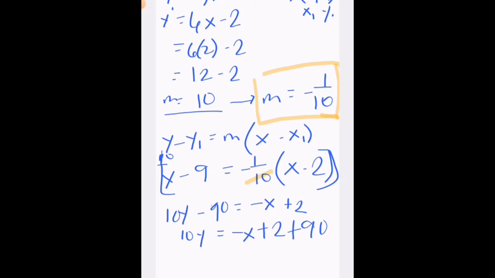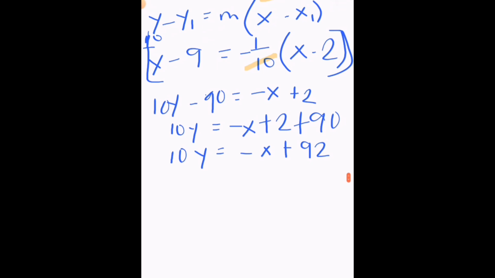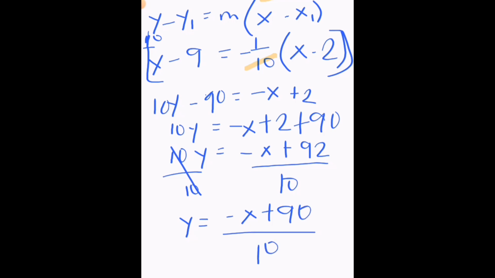By simplifying, we will have 10y equals negative x plus 92. And then divide both sides by 10 to cancel out the 10. So we will get y equals negative x plus 92 all over 10. So that would be now your equation of the normal line.